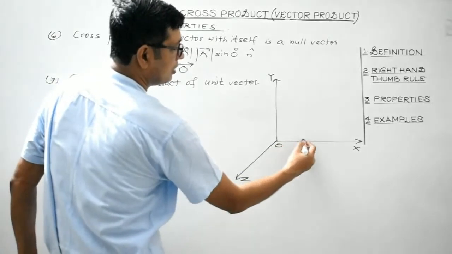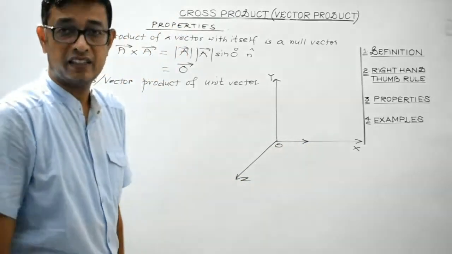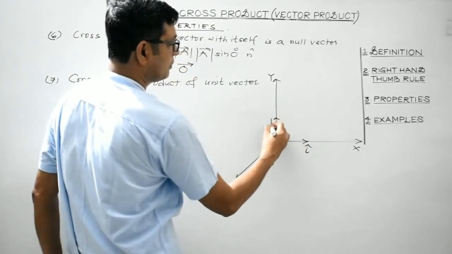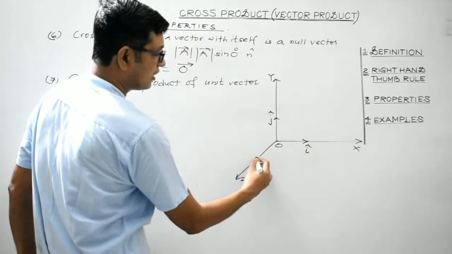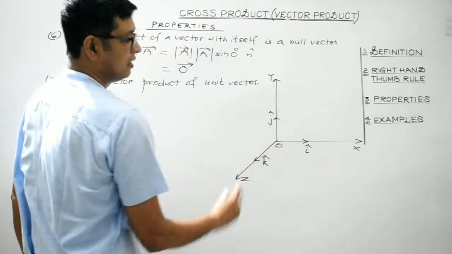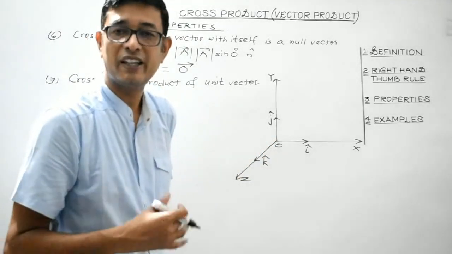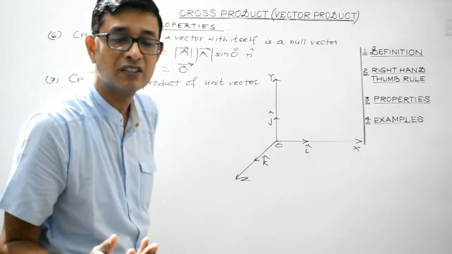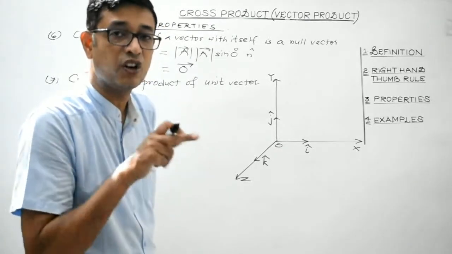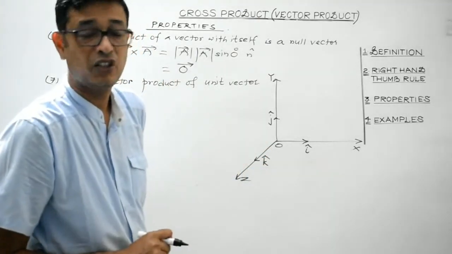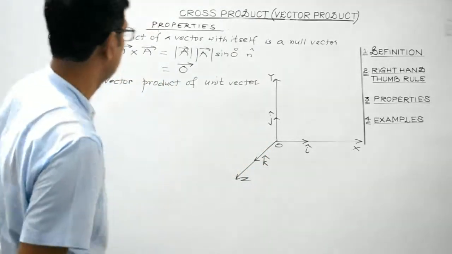This is the origin. As we are aware, the x direction is represented by i cap, the y direction is represented by j cap, and the z direction is represented by k cap, isn't it? So i cap, j cap, k cap are the unit vectors representing the direction along the x, y and z axis respectively. Now let's discuss their cross product.